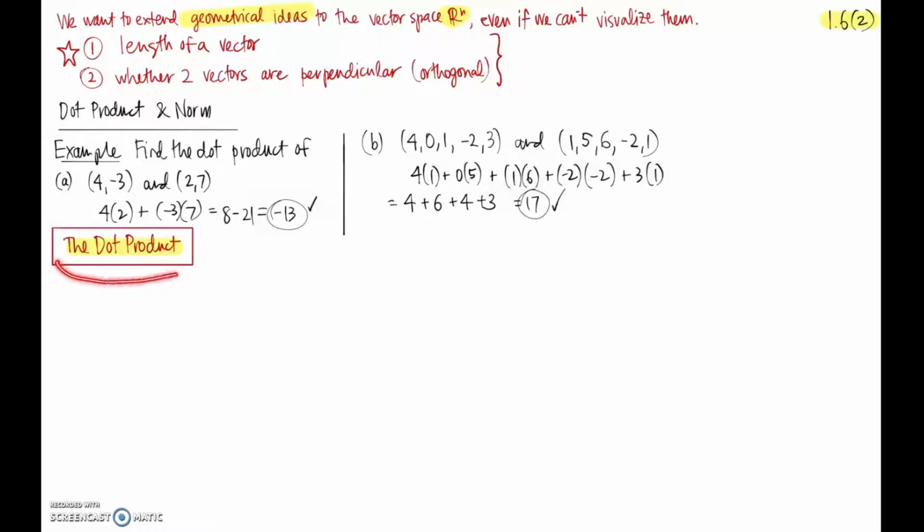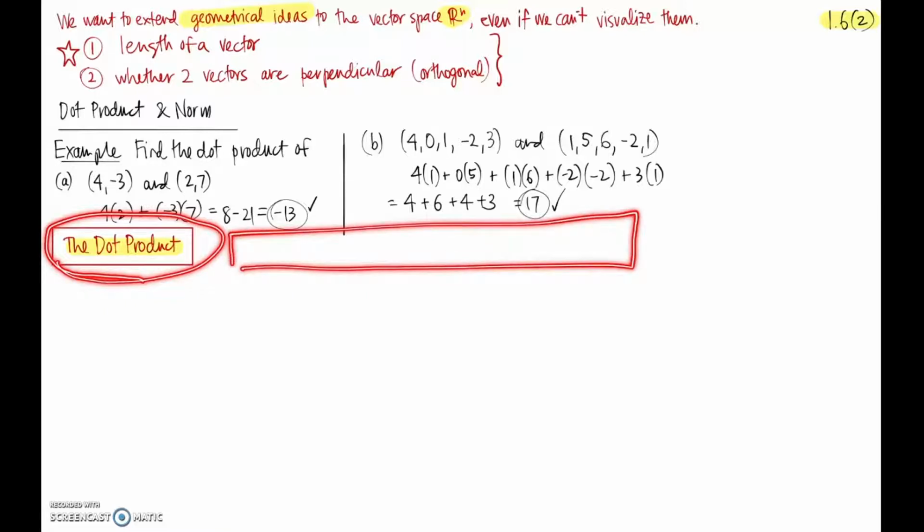So if you were trying to give the definition of dot product in some generic way so that somebody could find the dot product in any dimension, how would you write that? How would you write the dot product between two vectors?